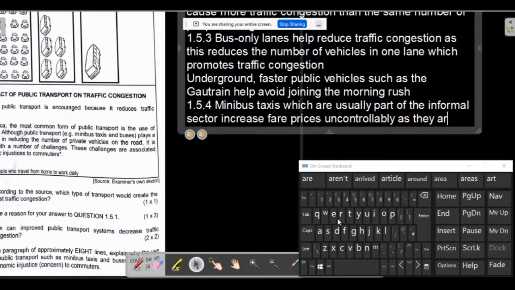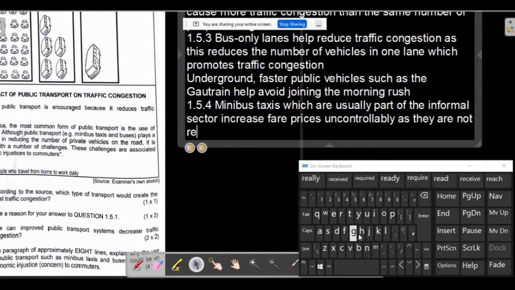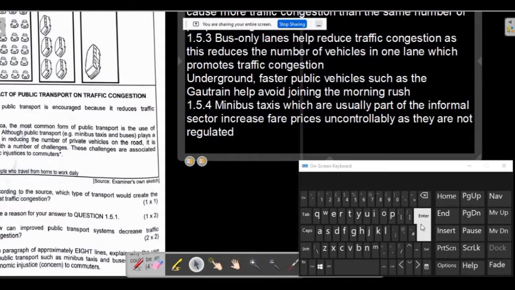Because once you are not regulated, guys, you do as you please. That's two marks. So of course that raises a financial problem for commuters.